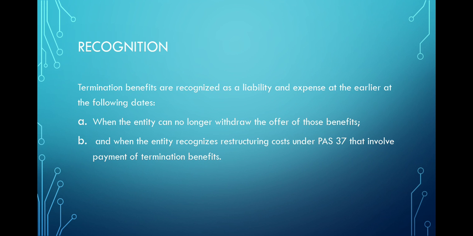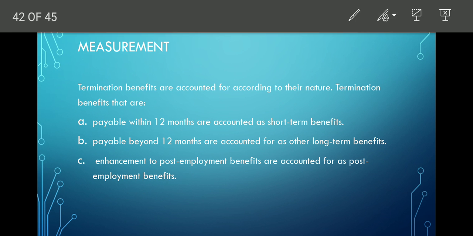Recognition. Termination benefits are recognized as a liability and expense at the following dates: A, when the entity can no longer withdraw the offer of those benefits, and B, when the entity recognizes restructuring costs under PAS 37 that involve payment of termination benefits.